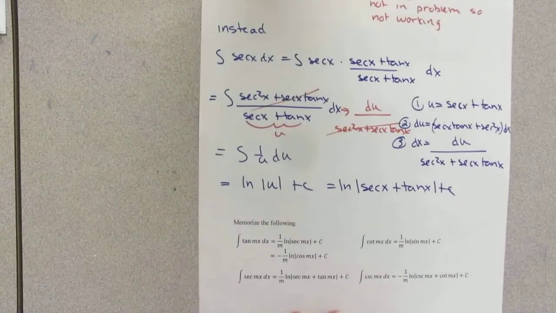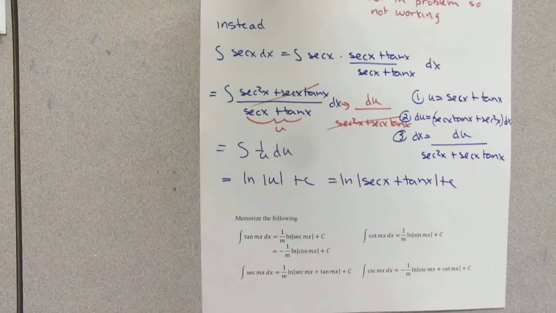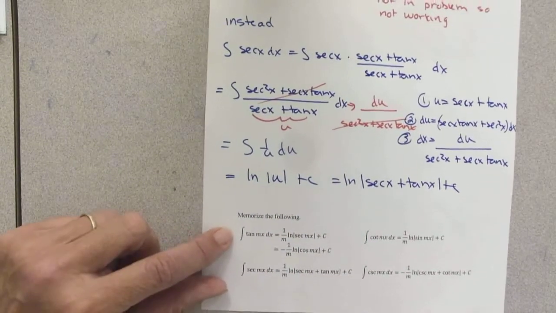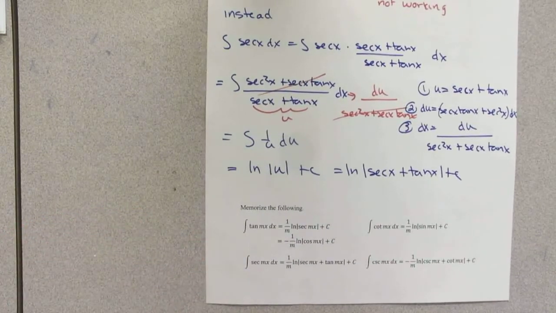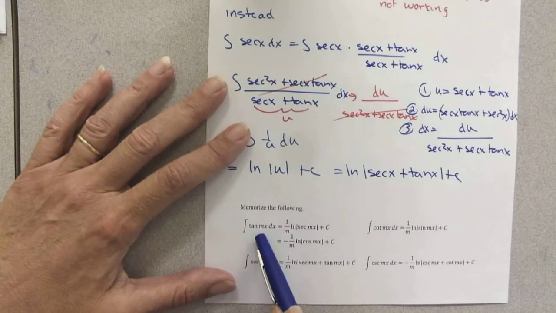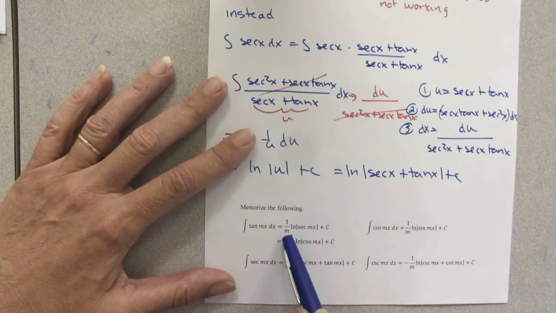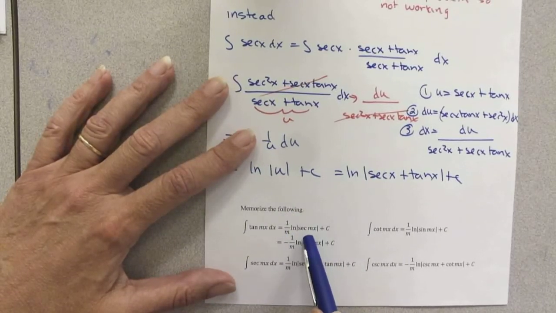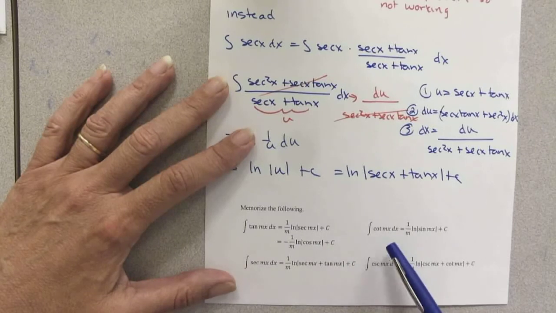Memorize it. And so now there are similar ways you can find the integral of cotangent and cosecant. So please just memorize that the integral of tangent mx, and again, the effect of those linear arguments is to divide by that slope. The integral of tangent mx is either 1 over m natural log of secant mx plus c, or negative 1 over m natural log of cosine mx plus c.